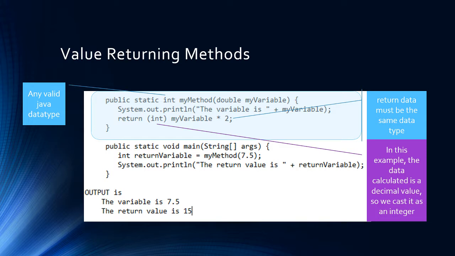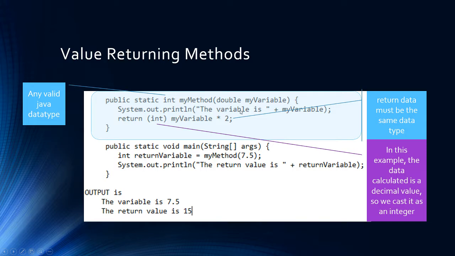Now our my method is declared with a standard method header, public static, because it's a static method called by a static method, our main, and it returns an integer variable. Our method is named my method and expects a double parameter.